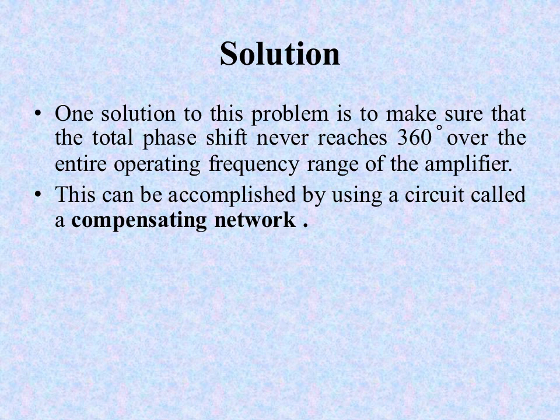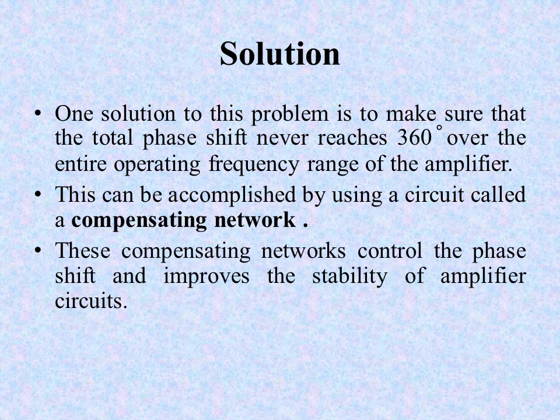This can be accomplished by using a simple circuit, and these circuits are called compensating networks. These compensating networks are designed in such a way that they control the phase shift and improve the stability of amplifier circuits.